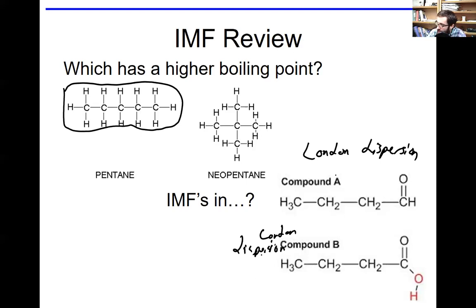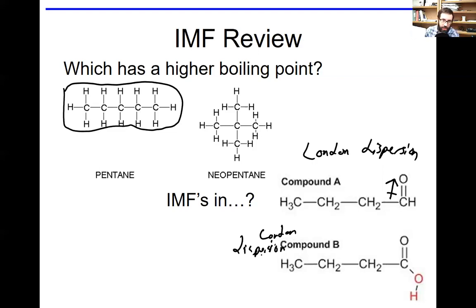And what about dipole-dipole? Well, we have a carbon-oxygen bond. If you calculate the change in electronegativity there, you will have a dipole. Oxygen has an electronegativity of, again, you would look this up on a chart, as I'm doing right now, 3.4, and carbon has 2.5.